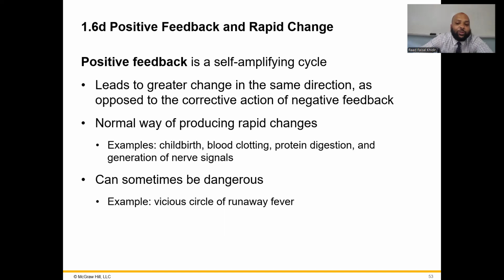It is the normal way of producing rapid changes. For example, we talked about that.